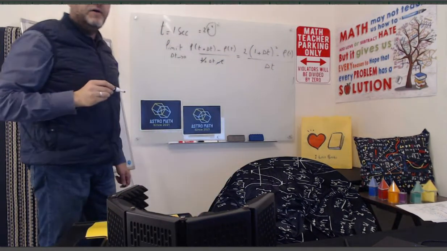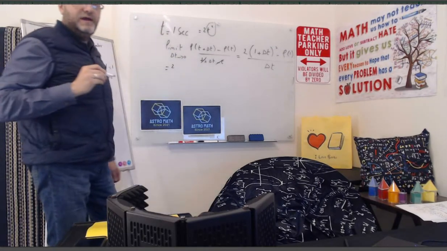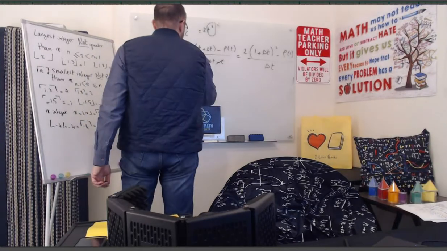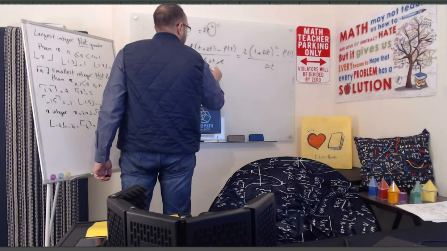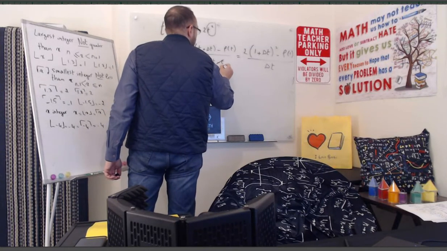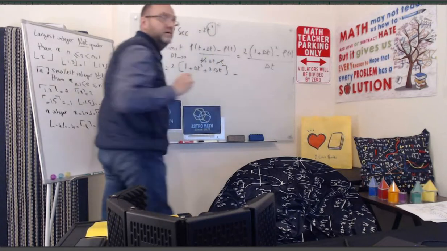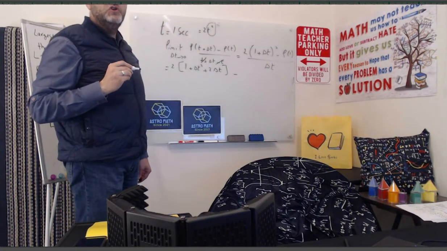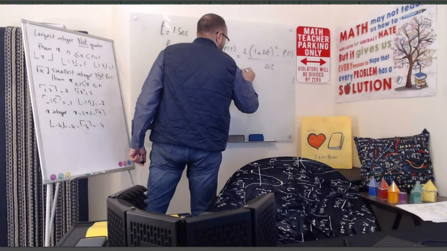Okay? Now, you expand, what do you get? 2, okay? 1 plus delta t squared plus 2 delta t, and minus what? Minus 2, because f of 1 is 2, okay?